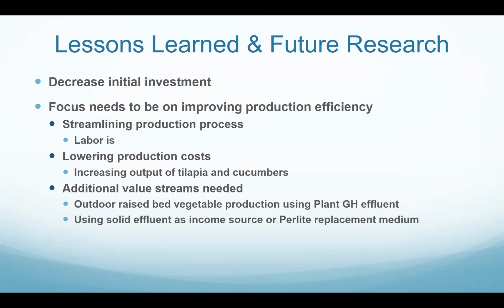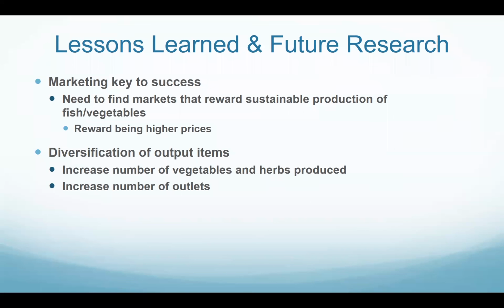I mentioned that outdoor raised bed vegetable production of tomatoes, which we did not include in this analysis, but it certainly could be included. And then using that solid effluent as an additional income source. It could be used as a perlite replacement medium or to be spread on agricultural fields.